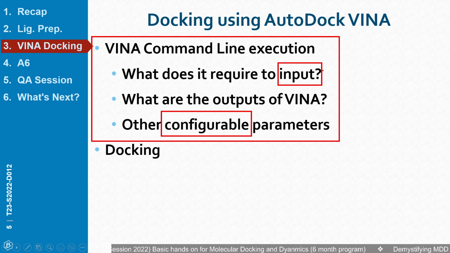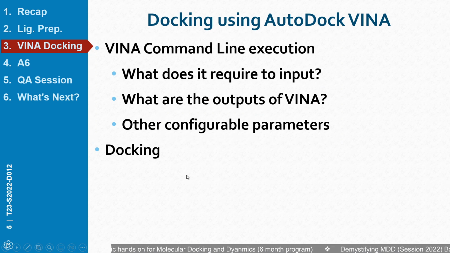Among those configurable values, there will be input options and output options. Input options are what we need to provide, and output options are what Vina is going to give us after the docking.